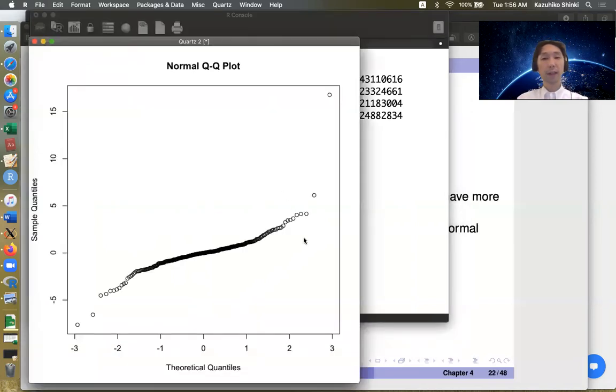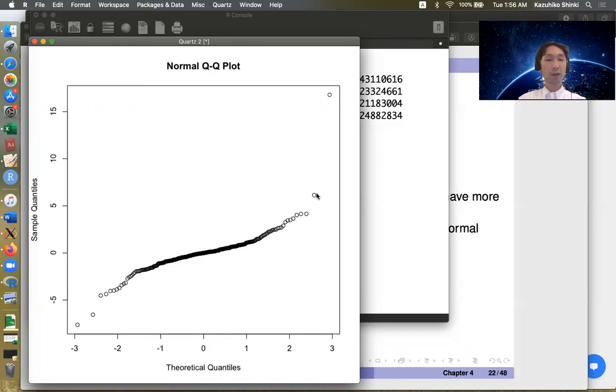The QQ-plot looks like this. Most observations at the center, maybe from negative 1 to positive 1, are almost on a straight line. Here the scale is 0, 5, 10, so probably on the straight line y equals x or something similar. But these observations are clearly different. The largest observation is much larger, maybe 16 or 17.